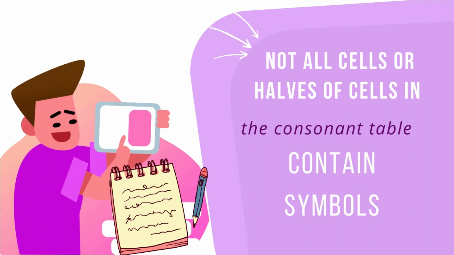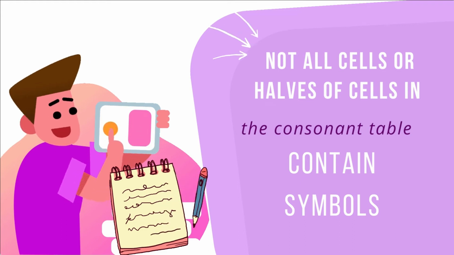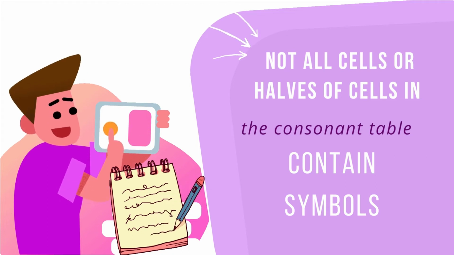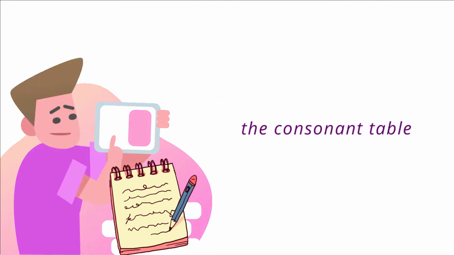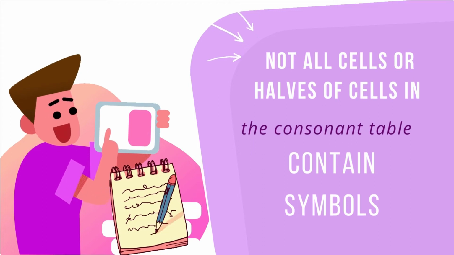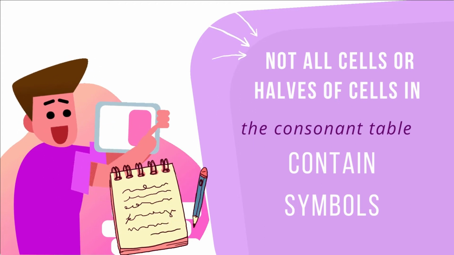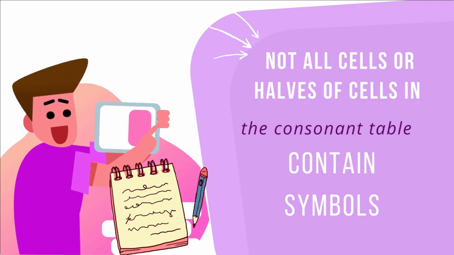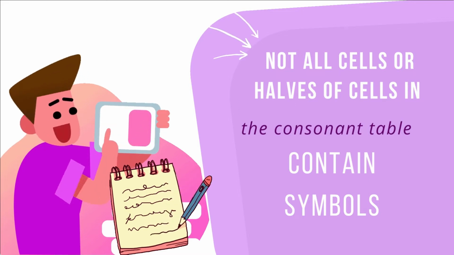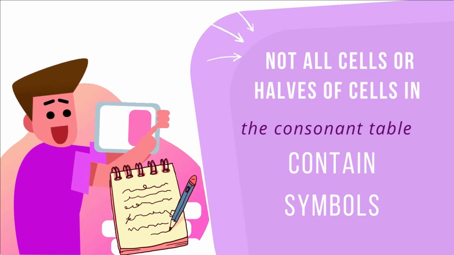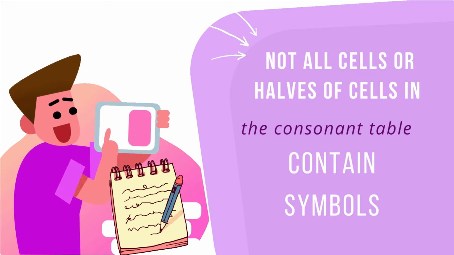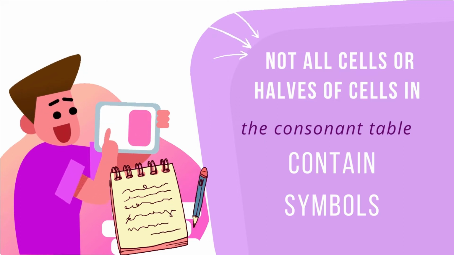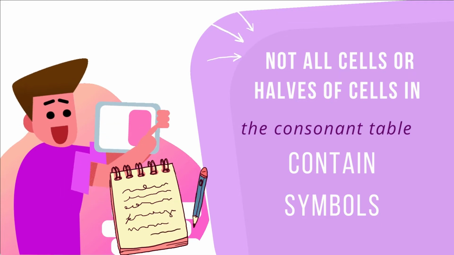A symbol such as beta, which shows on the chart the position for a voiced bilabial fricative, can also be used to represent a voiced bilabial approximant if needed. In a similar way, no symbols are provided for a voiceless nasal.